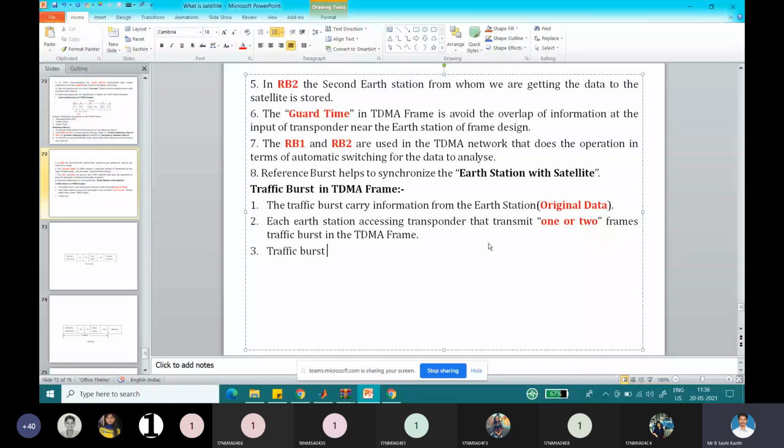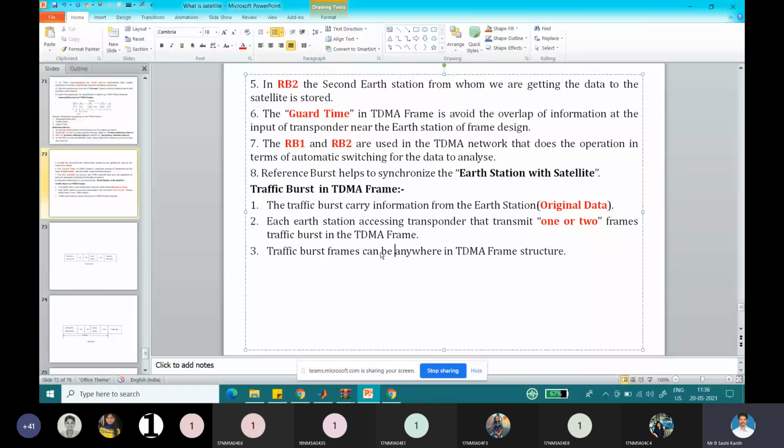Another point here is that the traffic burst frames can be present anywhere in the TDMA frame structure.